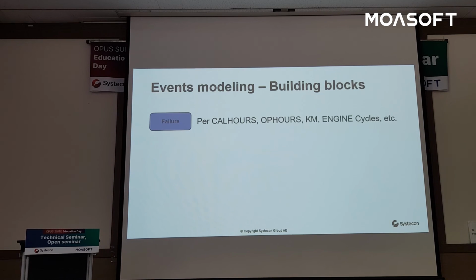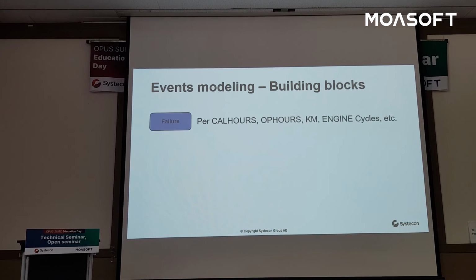I guess you understand the difference. Well, if we fly 200 hours per year with a helicopter, those are the operating hours. But there are actually many more calendar hours in one year. So it will affect how often this failure happens. And it depends on what kind of data you have.